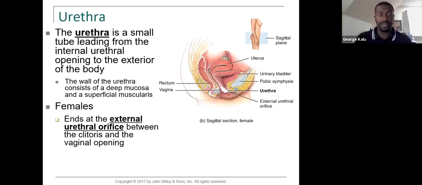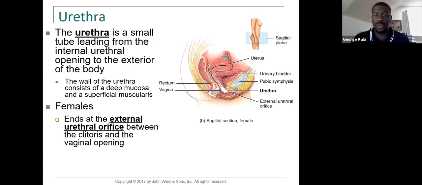Then the last one we have is the urethra. The urethra is the little tube that helps deliver the urine from the bladder into the toilet. It runs from the internal urethral opening all the way to the exterior of the body. In females, the urethra is relatively short compared to the male's urethra, and we'll look at that in a second.